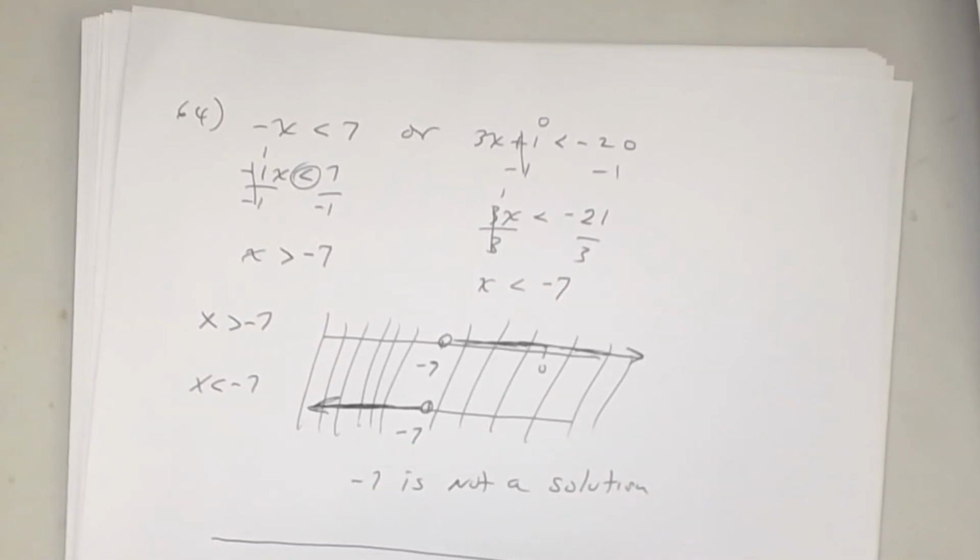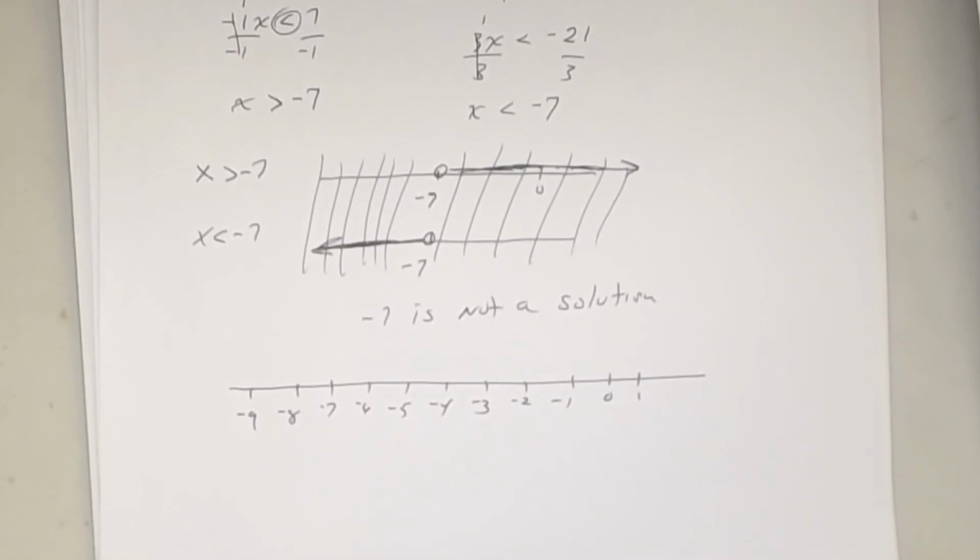All right, so let's see what the graph looks like. So if this is 0, 1, -1, -2, -3, -4, -5, -6, -7, -8, -9, and so on. So it's everything but -7, correct? So at -7, what will I draw? Open or closed circle? Open.